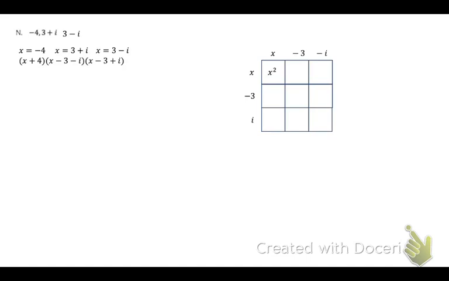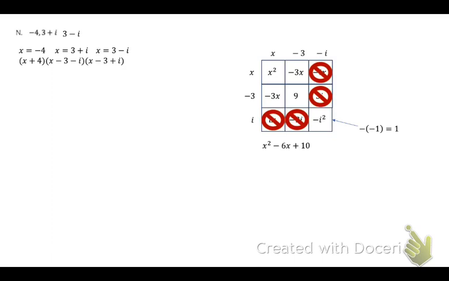Okay, so that's x squared, negative 3x, negative ix, negative 3x, 9, 3i, ix, negative 3i, and negative i squared. Now those ix's cancel, 3i's cancel, and then i squared equals negative 1, so that's negative negative 1, which is positive 1.